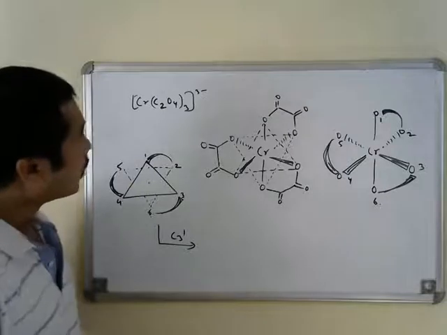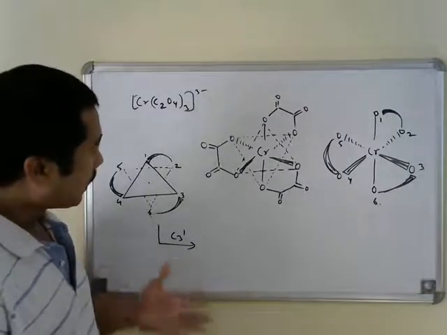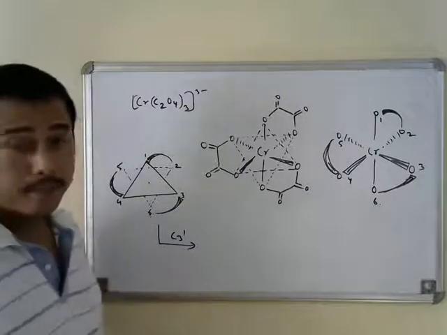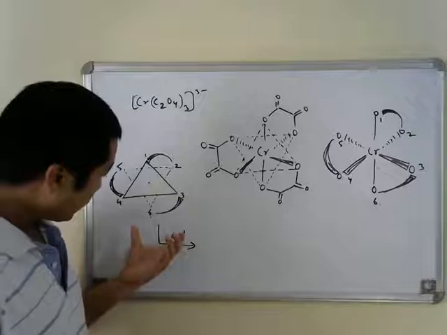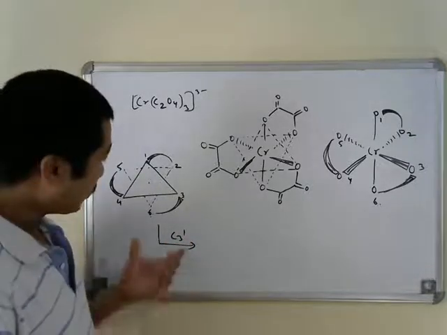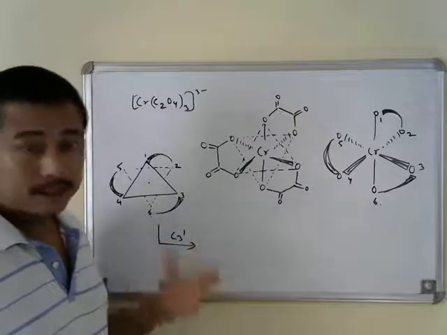So now we should look for the condition of whether there are three C2 axes of symmetry perpendicular to the proper axis of symmetry of highest order, to decide whether it belongs to a D point group or a C point group.